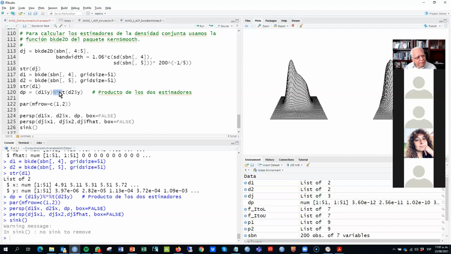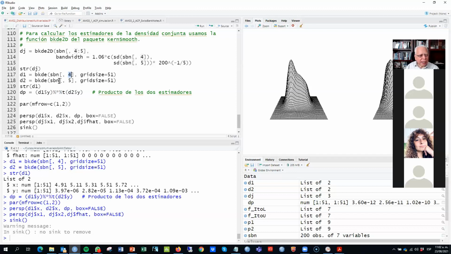Can you repeat what is D1 and D2, please? Okay, let me go back a little bit here. First, I computed the joint density, right? Now, in D1, I'm setting up the density estimates for the inner to lower, which is the fourth variable.